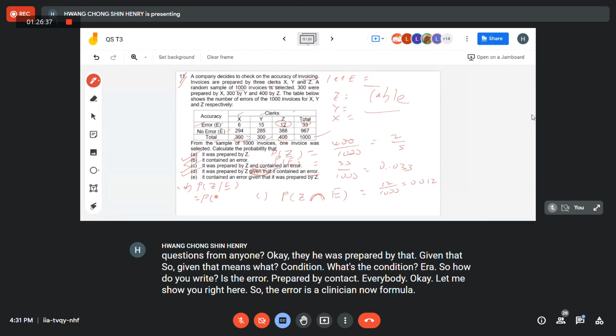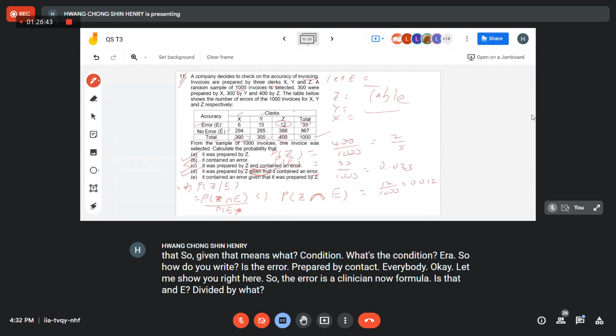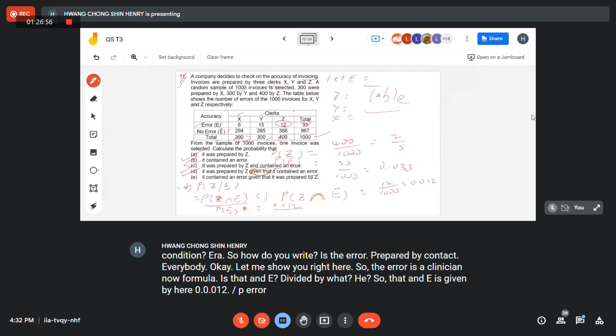Now the formula: P(Z and E) divided by what? P(E). So Z and E is given here, 0.012, divided by P(error). Error is here, 0.033.